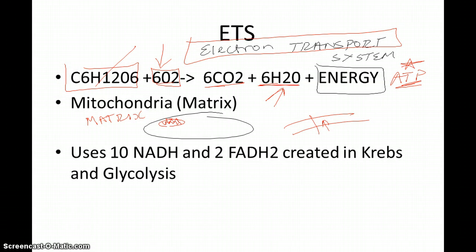Also, what we need to know is that the electron transport system uses the 10 NADH created from Krebs, transition and glycolysis, and also the 2 FADH2, because as we remember, these are known as the carrier molecules, and what they carry is a hydrogen, which also snatches an electron, so they are carriers of electrons.